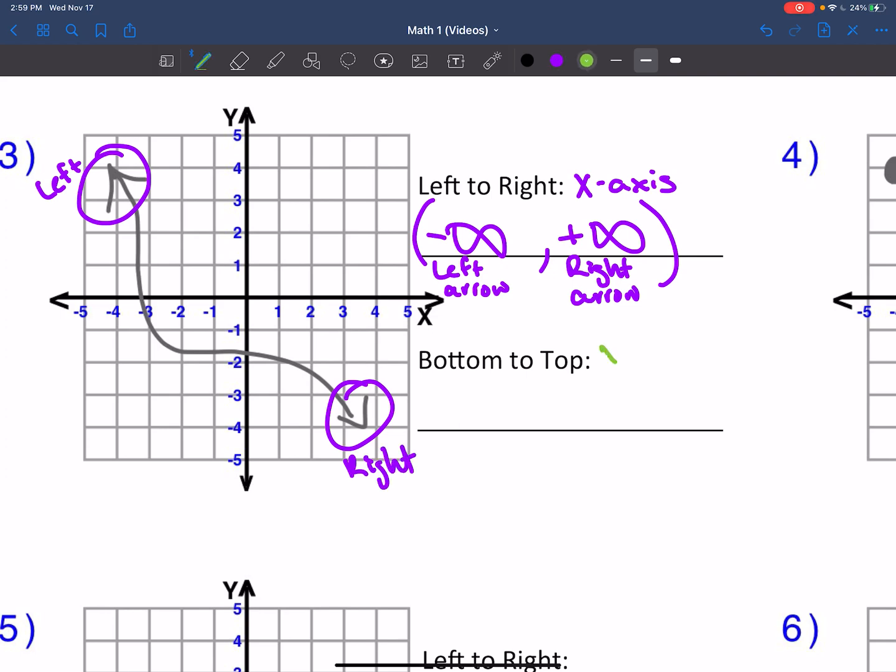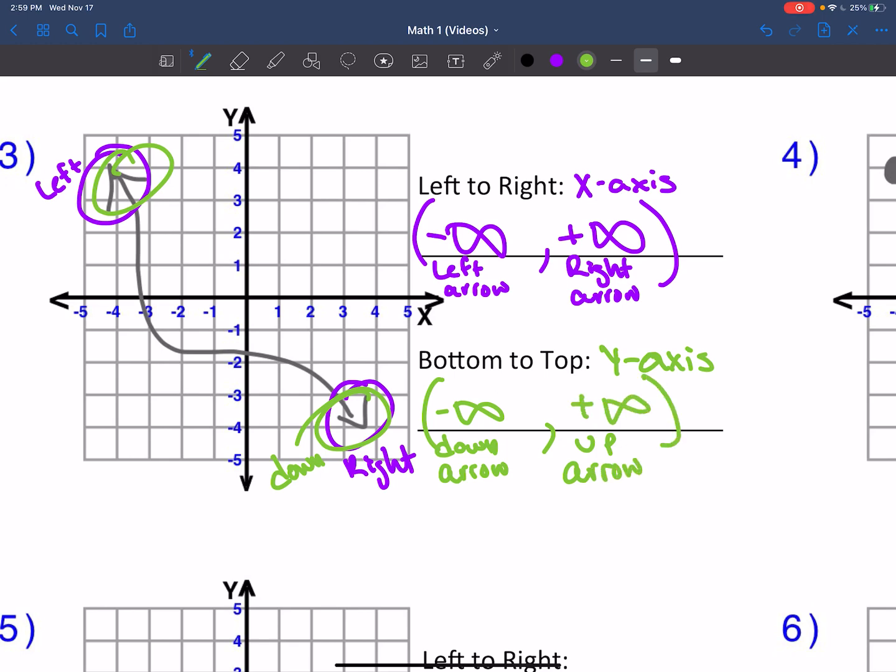At the bottom, we're using the y-axis. So at the bottommost part of our graph, we see an arrow, and it's a down arrow since it's at the bottom. And if it's a down arrow, that means it's negative infinity. The top, we see the arrow going up, so we have an up arrow, which makes it a positive infinity.